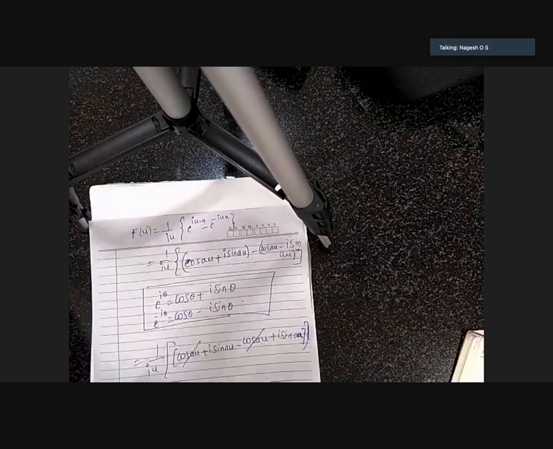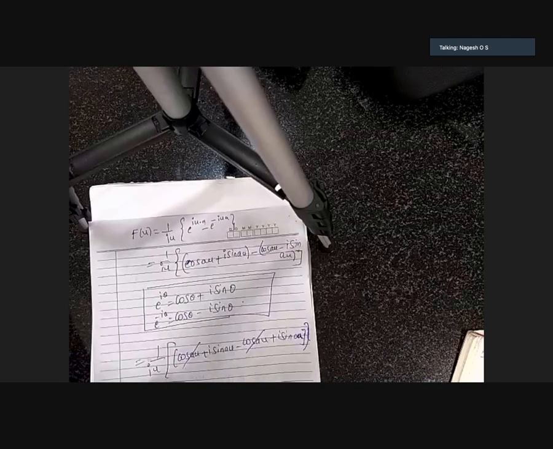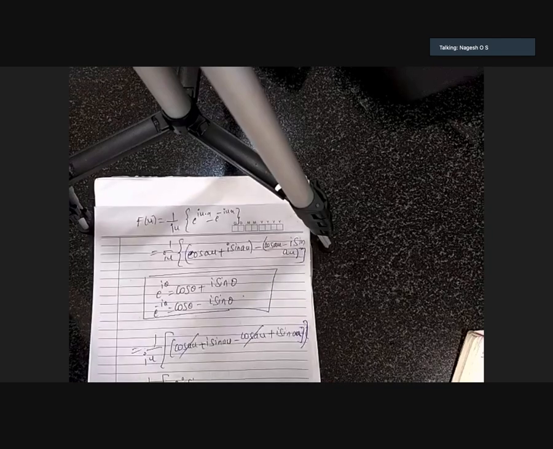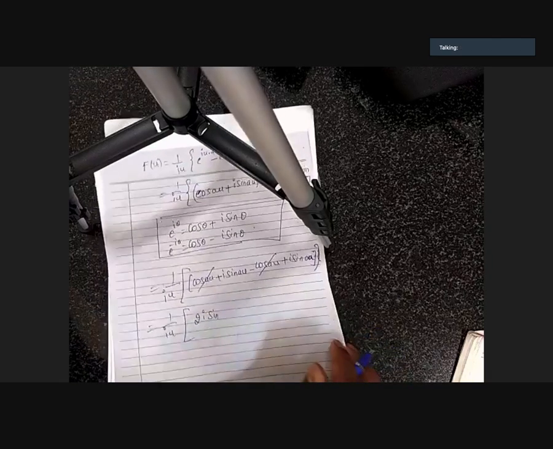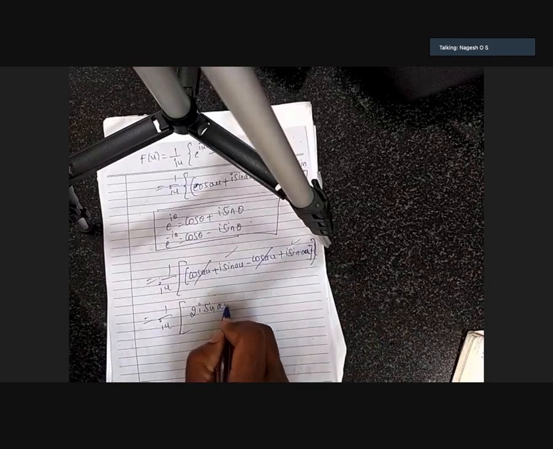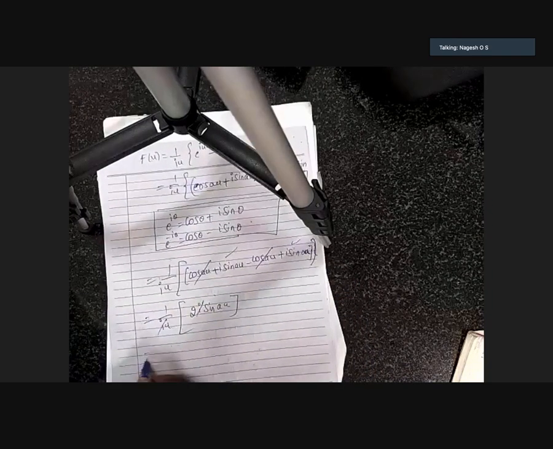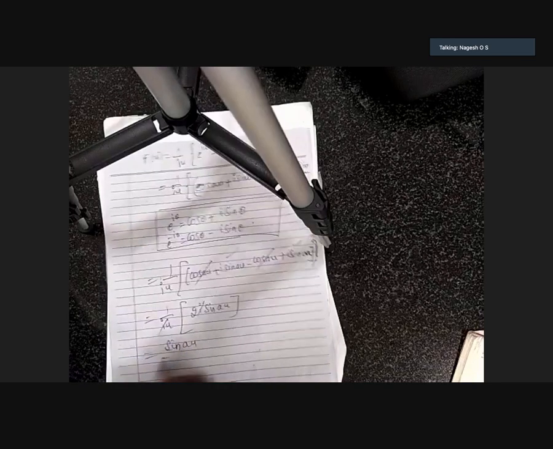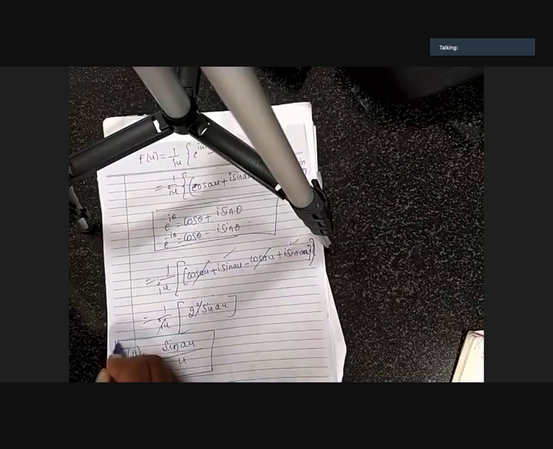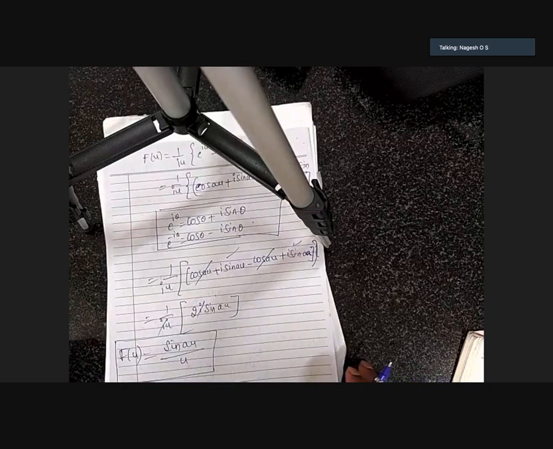This one and this one get cancelled. 1 by iu, and i sin au twice is 2i sin au. The i cancels. So f of u is 2 sin au by u.